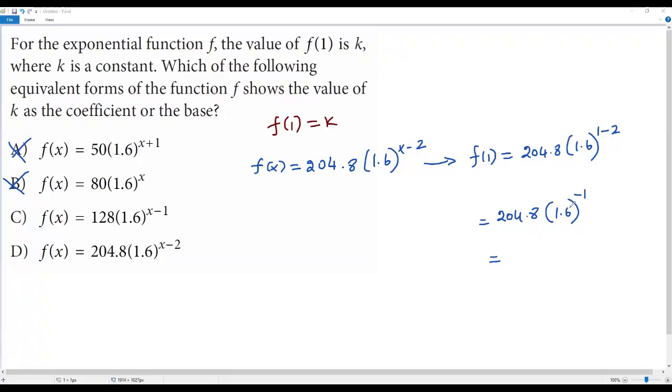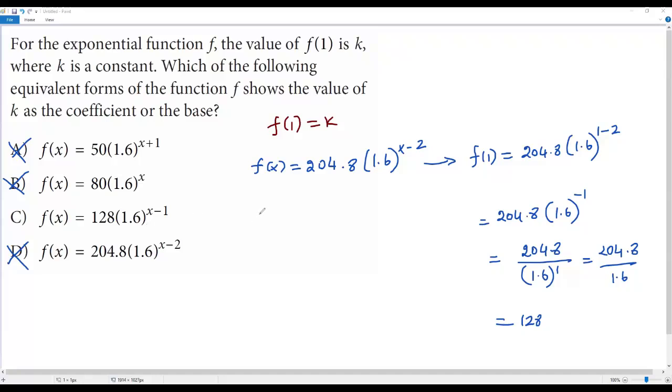Since 1.6 has a negative exponent, this term can be moved to the denominator, and the exponent becomes positive. The first power of 1.6 is still 1.6, so it is 204.8 divided by 1.6. When I divide 204.8 by 1.6, I'm getting 128. Still I'm getting the value 128 for k, but we don't find 128 in the function in option D, either as a coefficient or the base. So we can reject option D also.